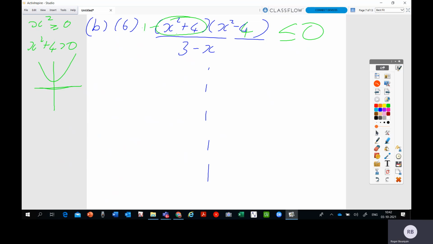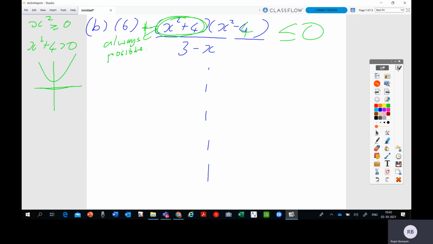So this thing over here is always going to be positive. We know for sure that it's positive, and because of that we don't have to worry about it being a variable almost. It acts like a constant because it's always positive. So I can get rid of that x squared plus 4 straight away. The problem why we can't normally get rid of variables is because we don't know whether they're positive or negative.